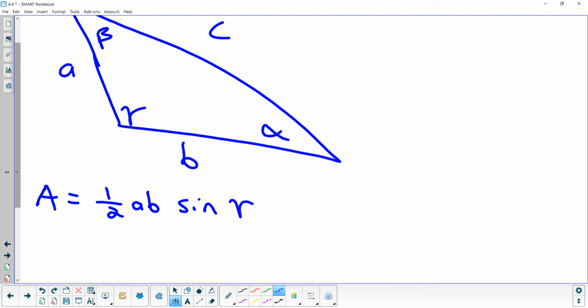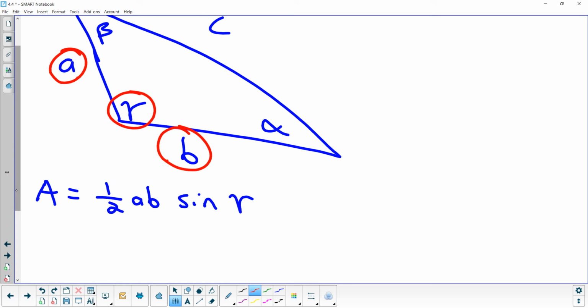So it doesn't matter what two sides you know, as long as you use the angle between them. If you know A and B, great. If you know B and C, doesn't matter. If you know A and C, that works too. But the key is you have to know two sides and the angle between them.